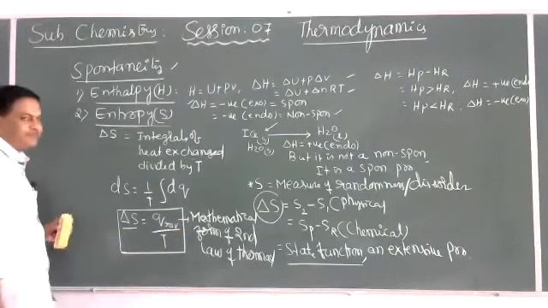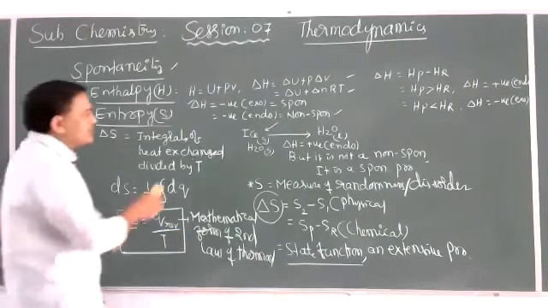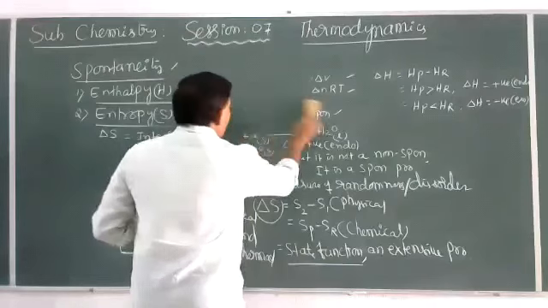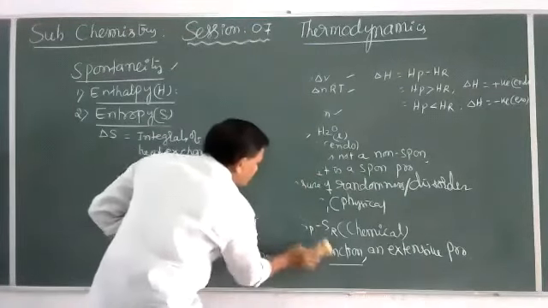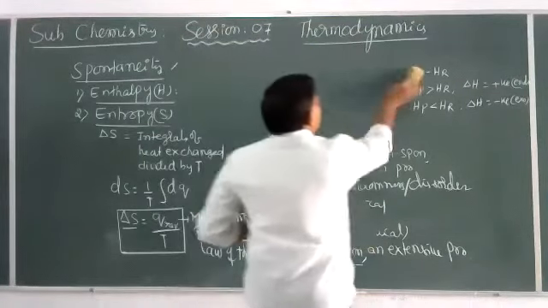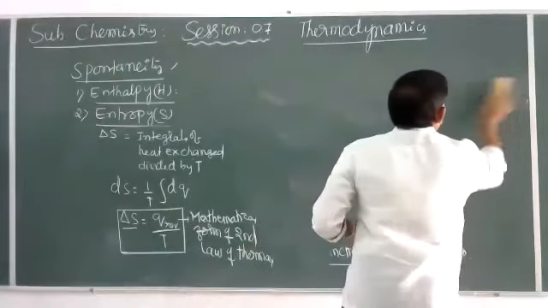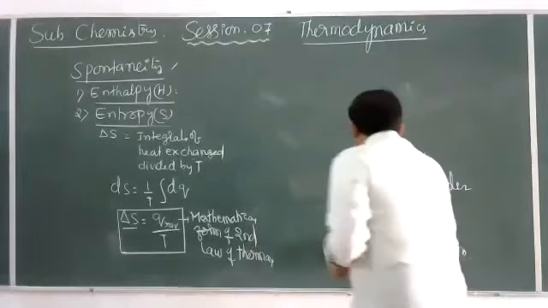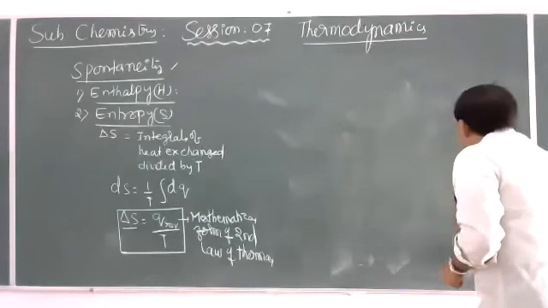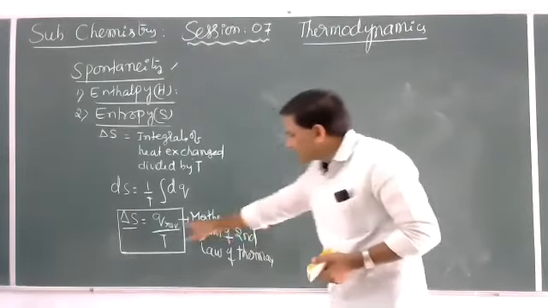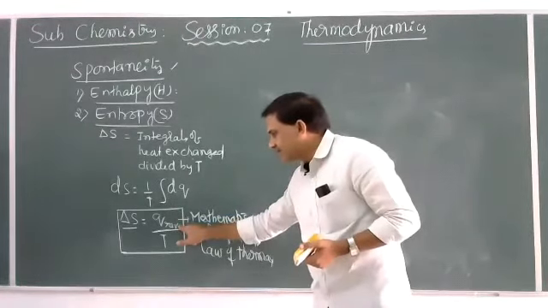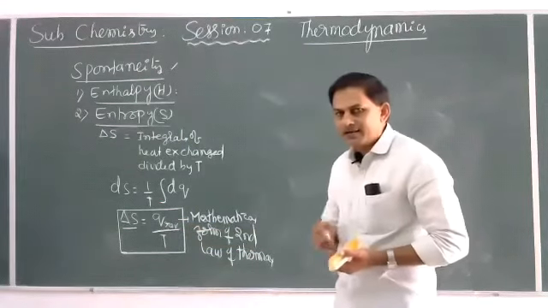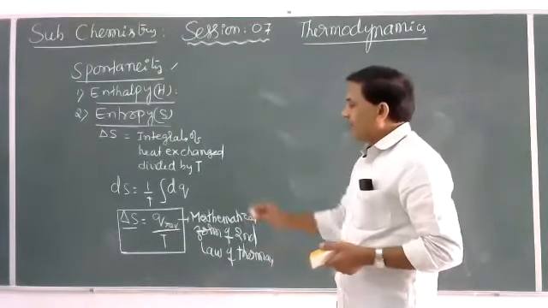Now by using this, the unit for change in entropy is joules per Kelvin per mole, because heat is expressed in joules or calories, divided by kelvins. That is calculated per mole.